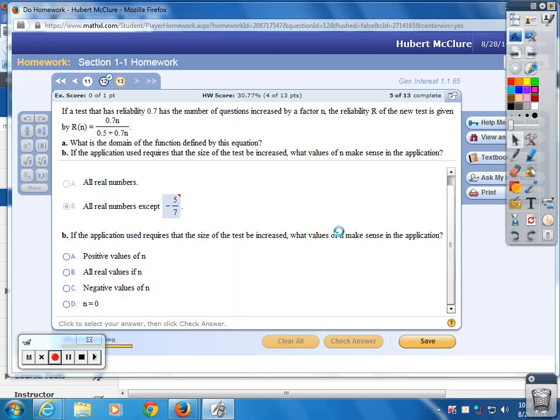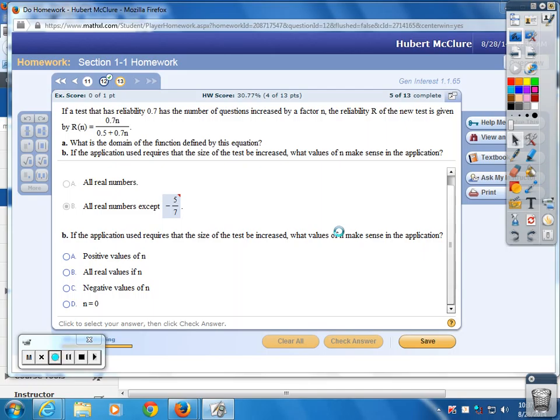Number of questions. So be careful here because you might get confused. What values of n make sense in the application? Well, are you going to have negative questions? No. Okay, so that one's out. Are you just going to have positive questions? Are you just going to have all real values? Or is n going to be greater than 0?